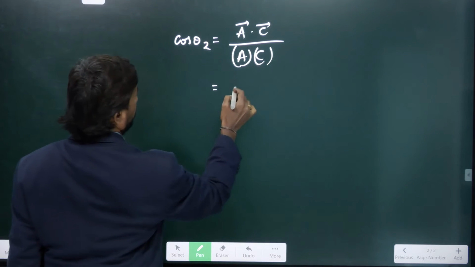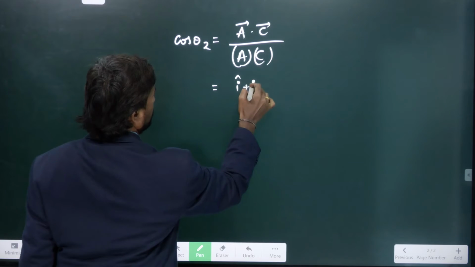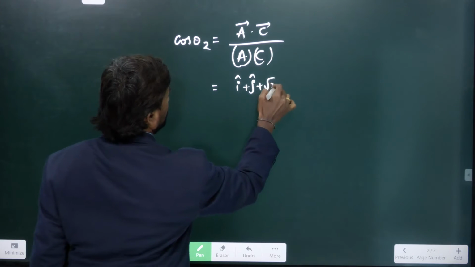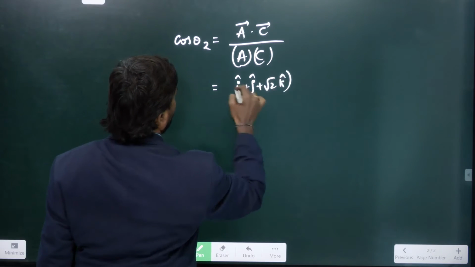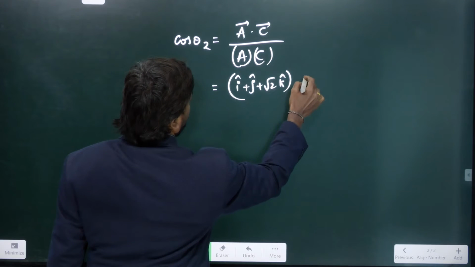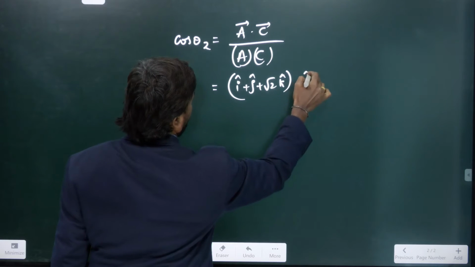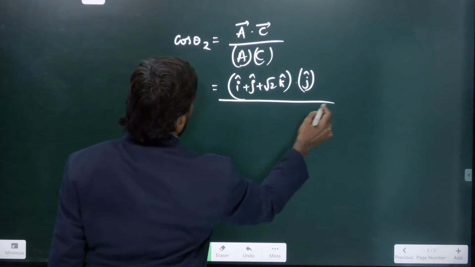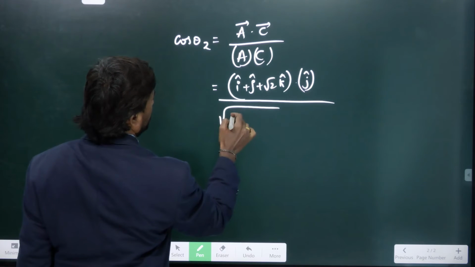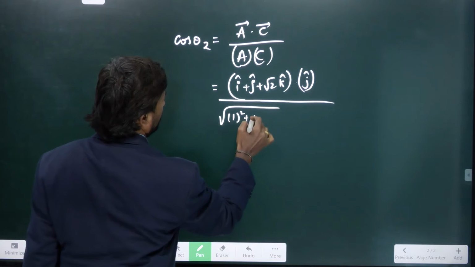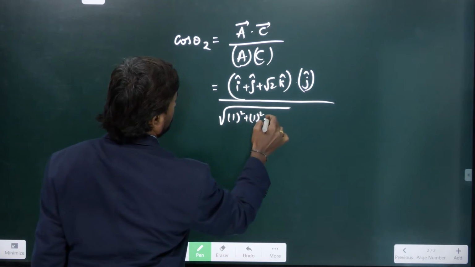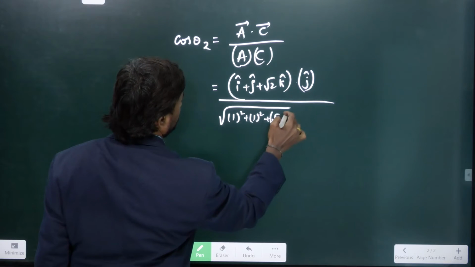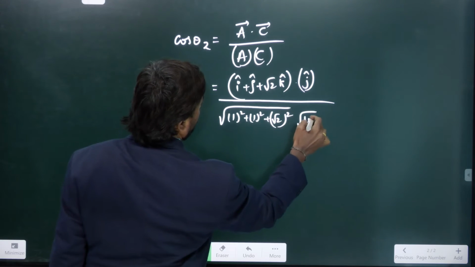A is i cap plus j cap plus root 2 k cap, dot c bar, which is j cap, divided by the square root of 1 square plus 1 square plus root 2 whole square into 1 square.